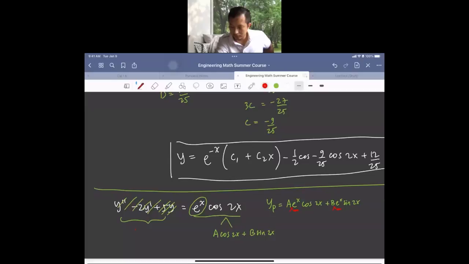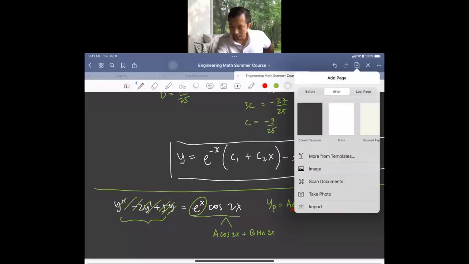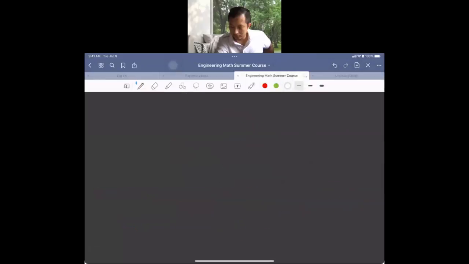Okay, now I'm giving you new directions for the variation of parameters. Let me give you y double prime.